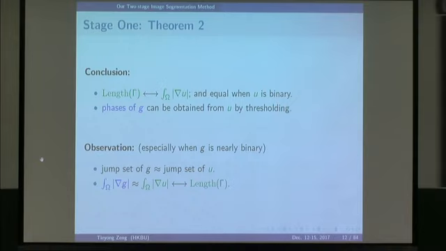One key observation is that the length of this kind of gamma is just the measure of the jump set of g, and roughly the same in many cases. That is to say, the gradient of g you can use to approximate the gradient of u.